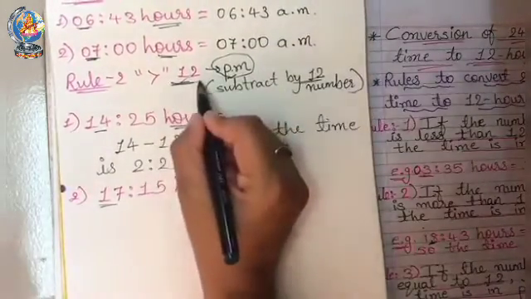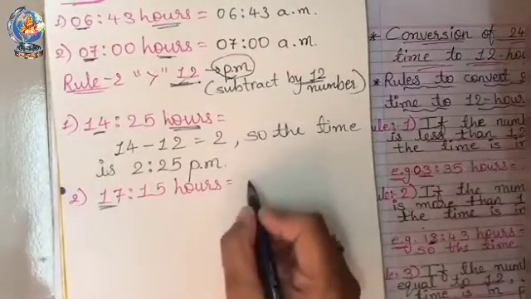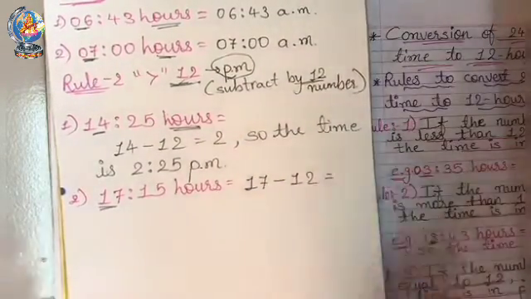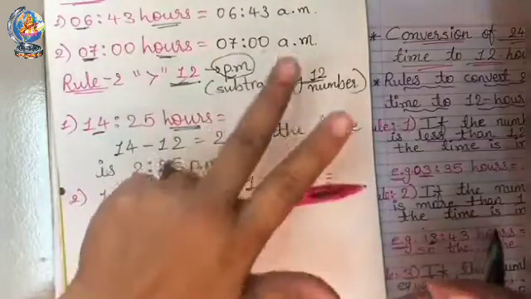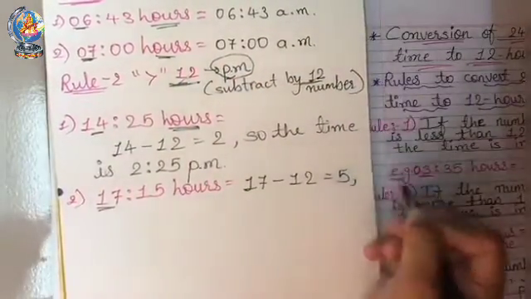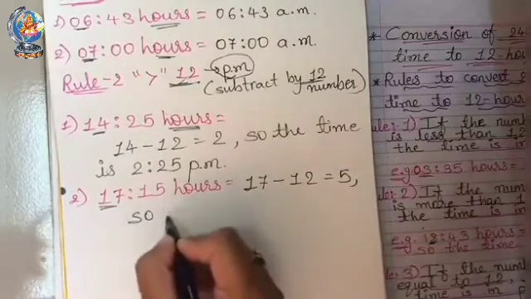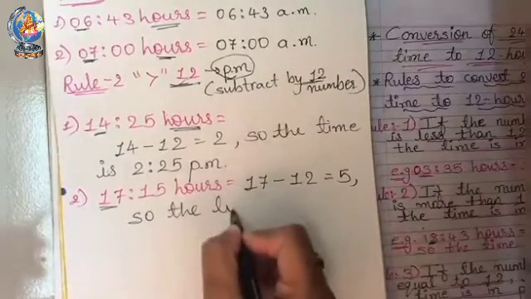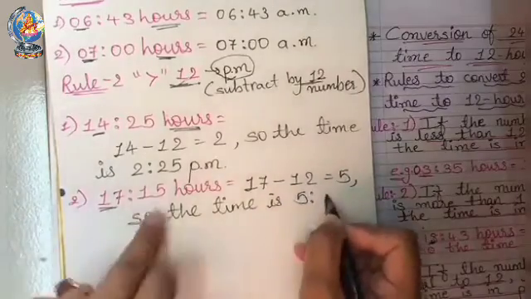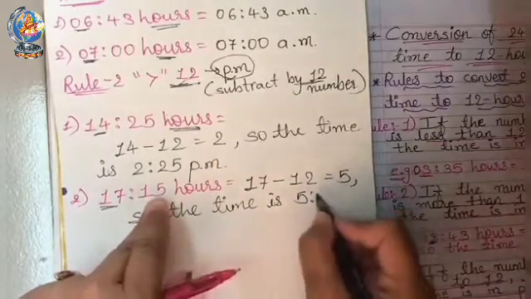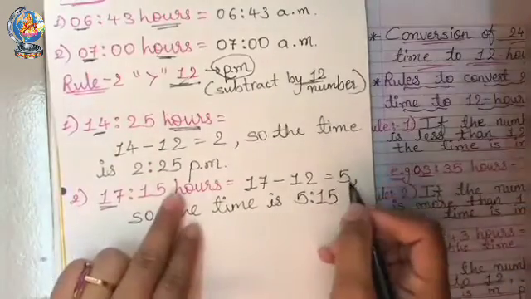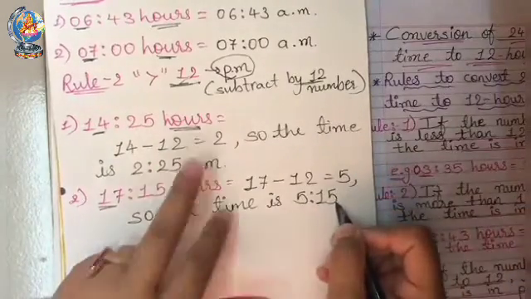So 17 minus 12: 13, 14, 15, 16 and 17, so we got 5. So the time is 5. You don't have to change the minutes. Remember that. Minutes will remain as they are. 5:15, AM or PM? PM.